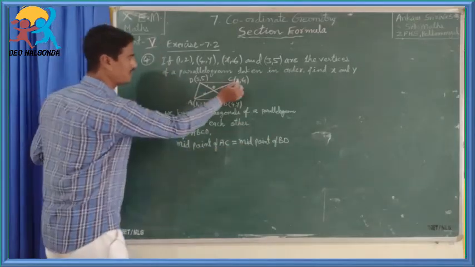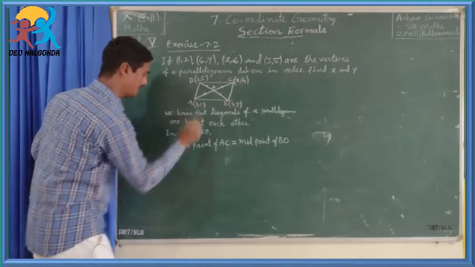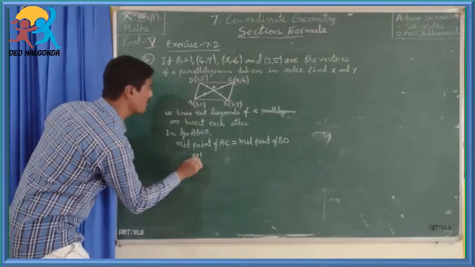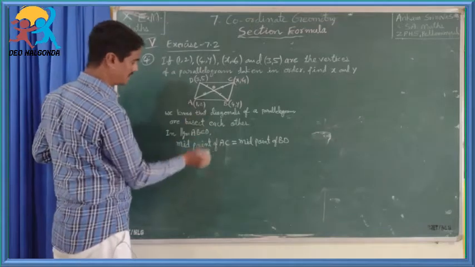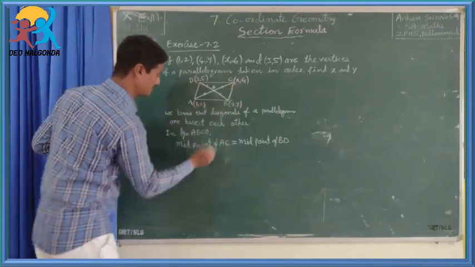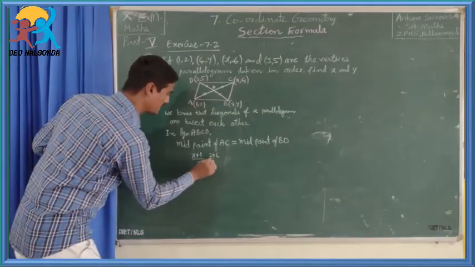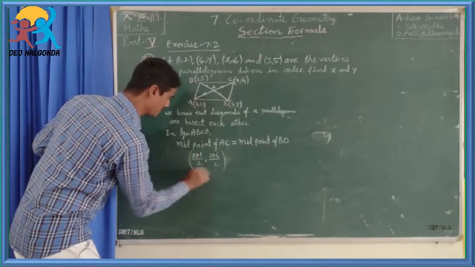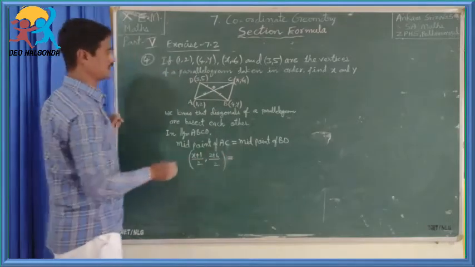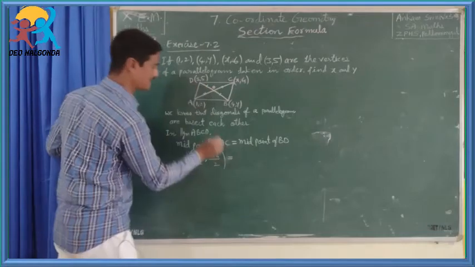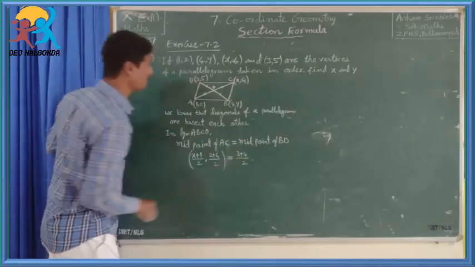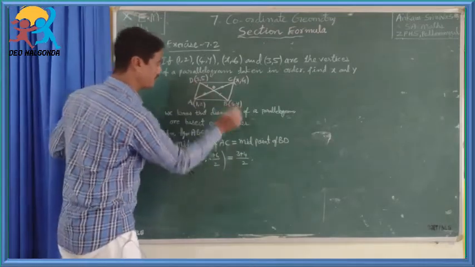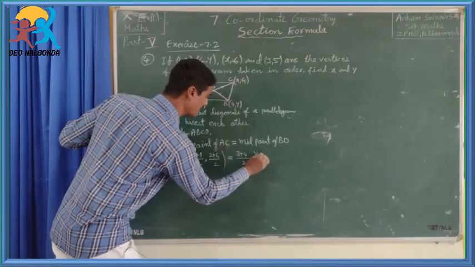Midpoint of AC is the sum of first coordinates, x plus 1 by 2, comma, sum of second coordinates 2 plus 6 by 2, equal to the midpoint of BD: sum of first coordinates 3 plus 4 by 2, comma, 5 plus y by 2.